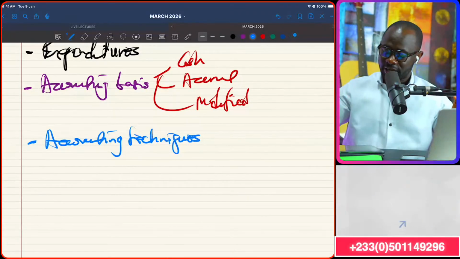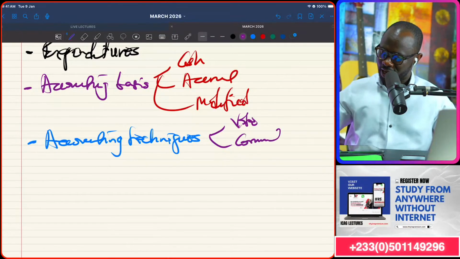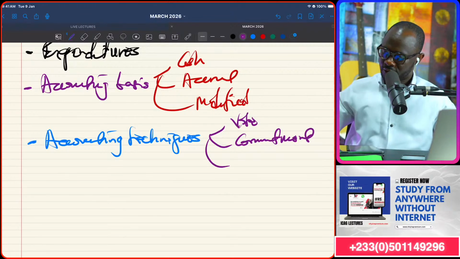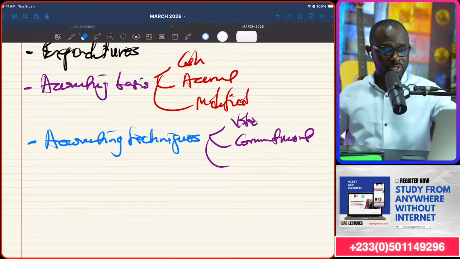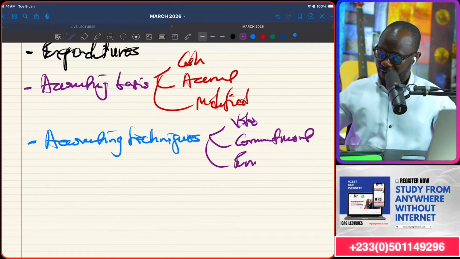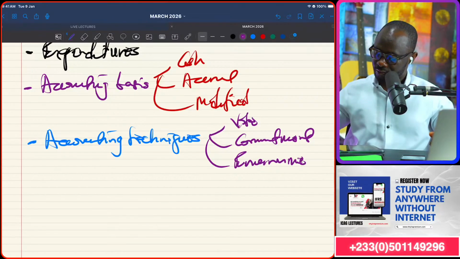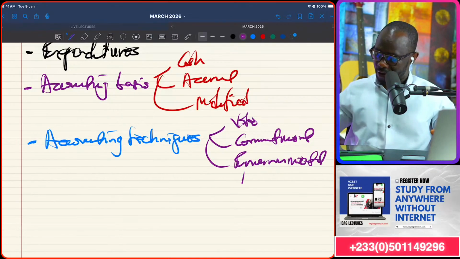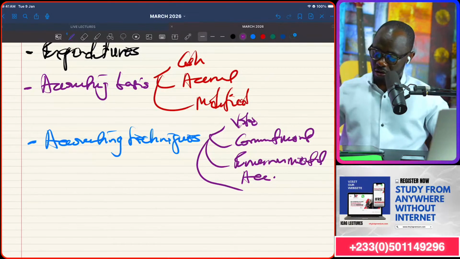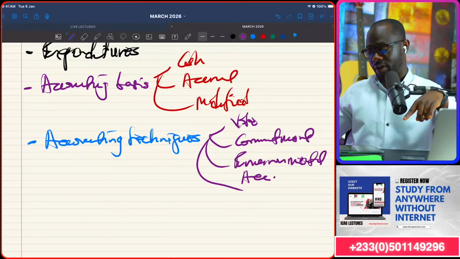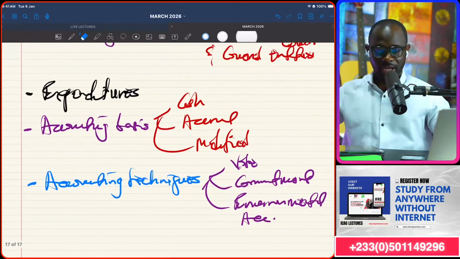Then the accounting techniques are what you know as vote accounting, commitment accounting, environmental accounting. And then there is one more. Don't worry, I will add it up later.